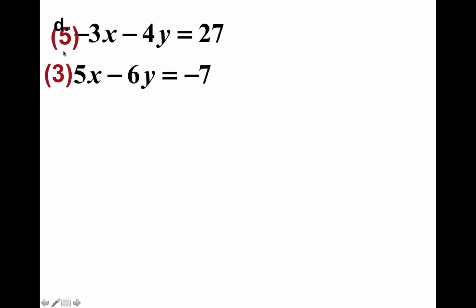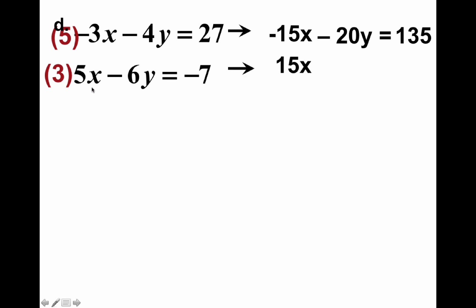So the top row is going to become 5 times -3x is -15x. 5 times -4y is -20y equals 5 times 27 is 135. Bottom row, 3 times 5x is 15x. 3 times -6y is -18y equals 3 times -7 is -21.